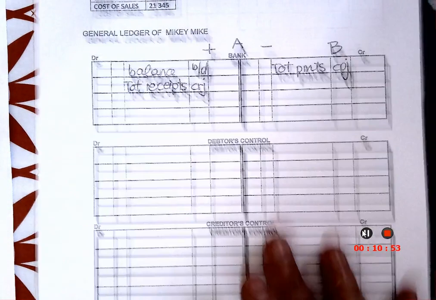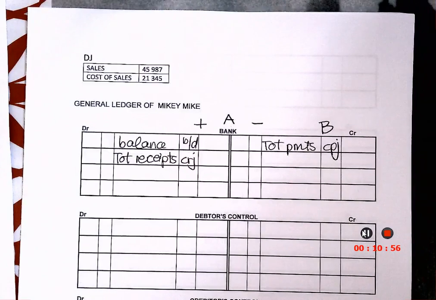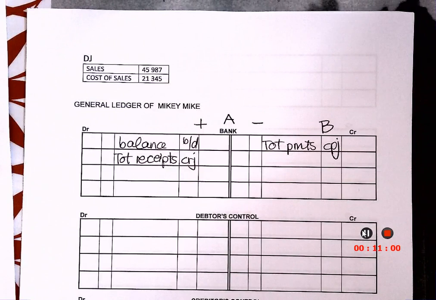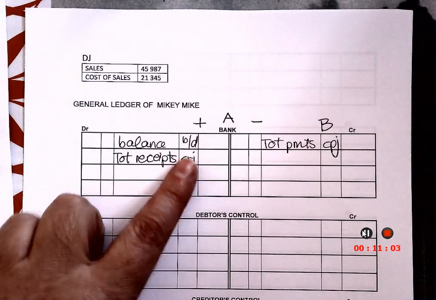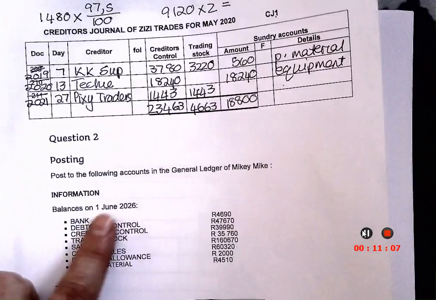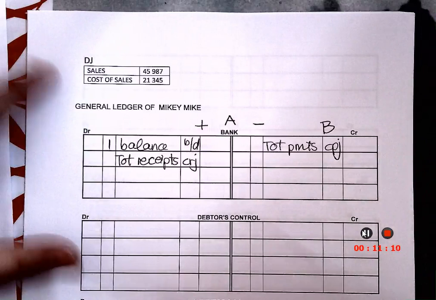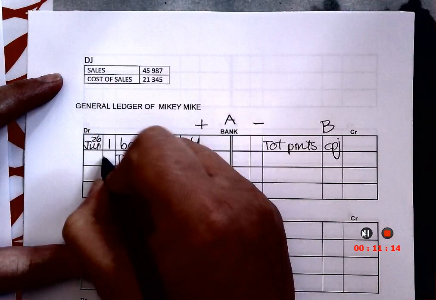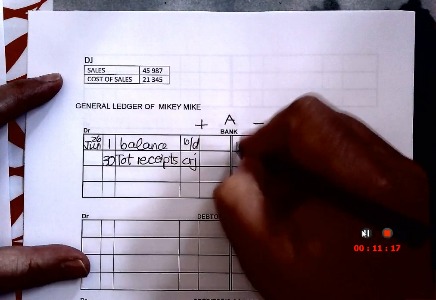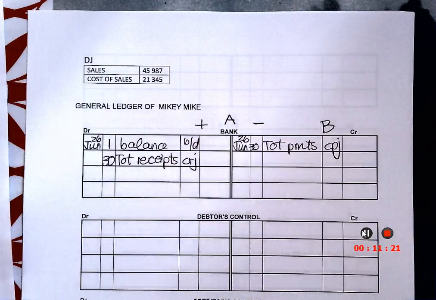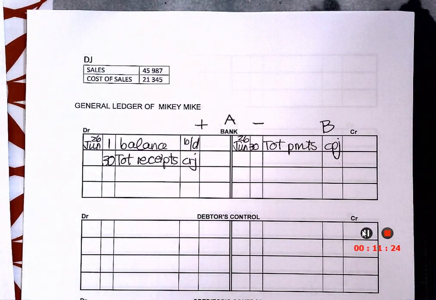Now, let me move it so that you can see. Now, very important. I know it's all columns. So I know my balance BD is always on the first. And what is the month? June 26. So it's the 1st of June 26. So June has got 30 days. Okay. I can now go and write the format in.